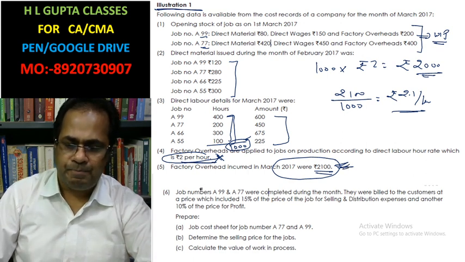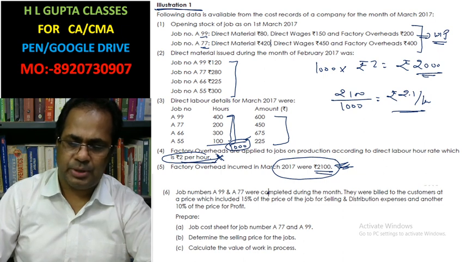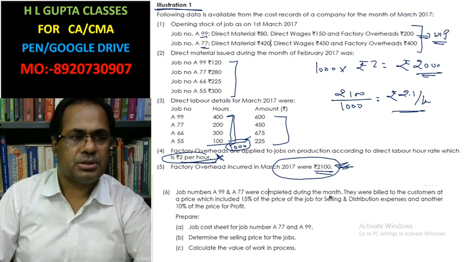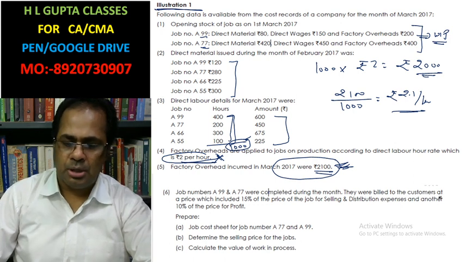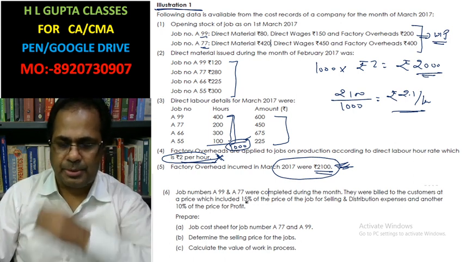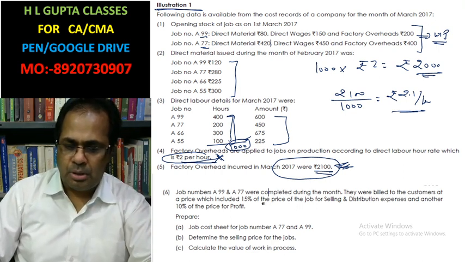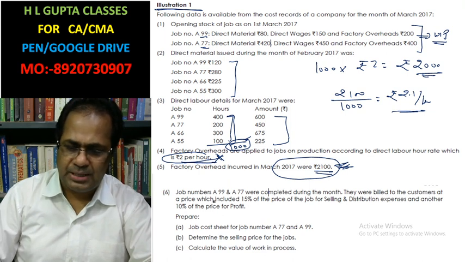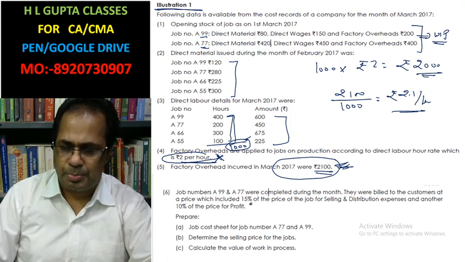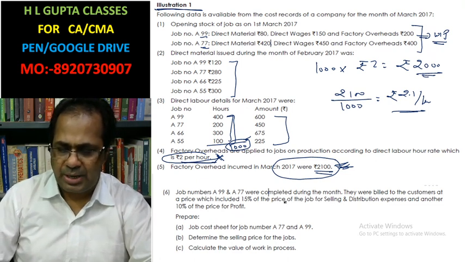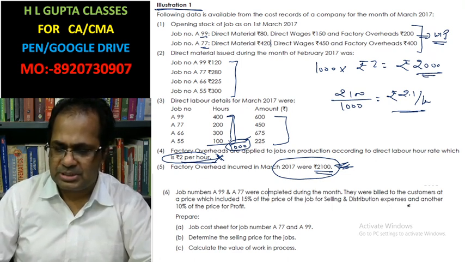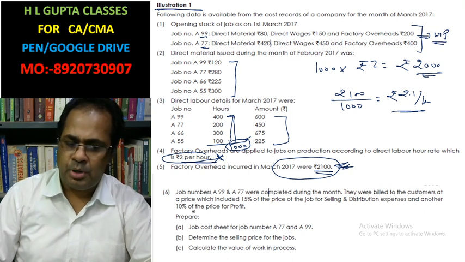Now, what is given here? Job number 99 and job 77 were completed during the month. They were billed to customers at a price which includes 15% for selling and distribution expenses, and another 10% is the profit.